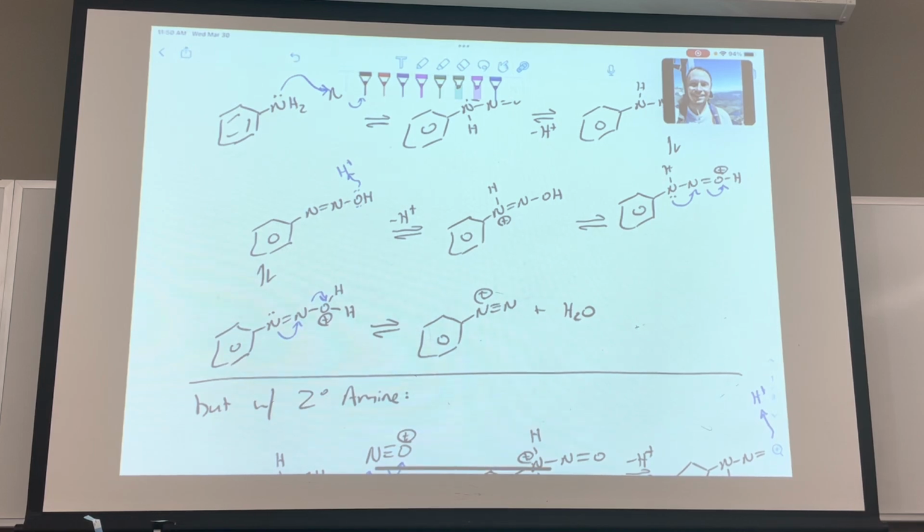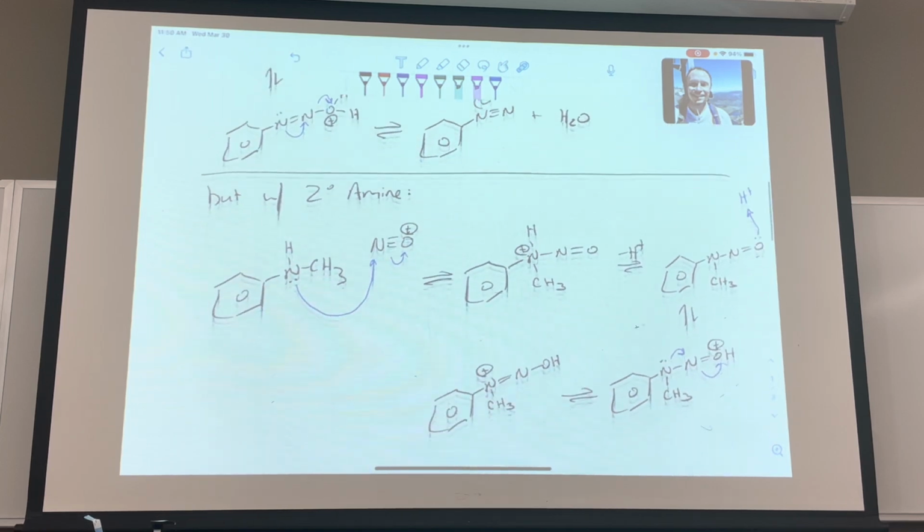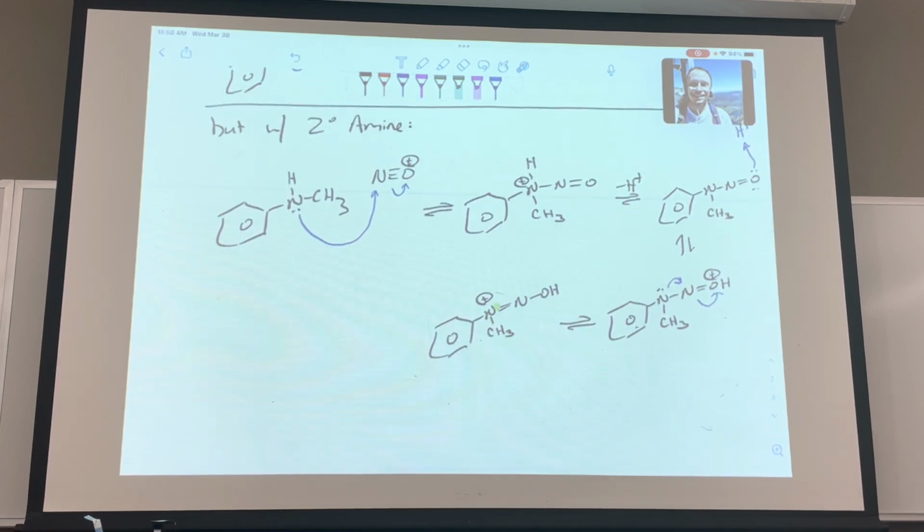We don't have a second hydrogen on nitrogen to do that in the case of the secondary amines. So right here, there's no hydrogen available to just simply deprotonate to get nitrogen neutral again, which is going to be a problem. You might not see it right now, but let's just keep going. And I think you'll begin to see why this is not going to go anywhere useful.